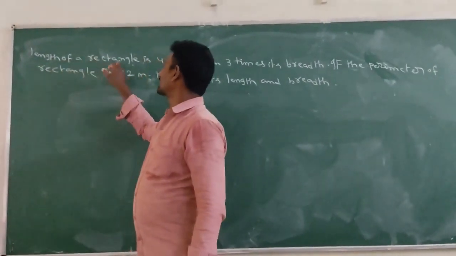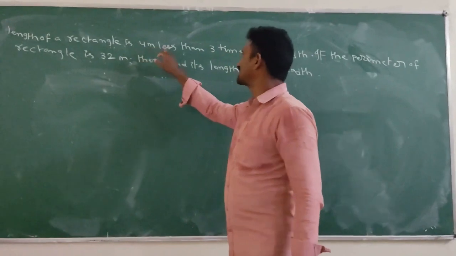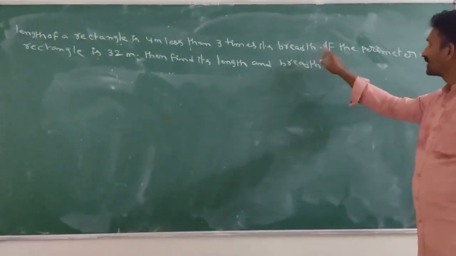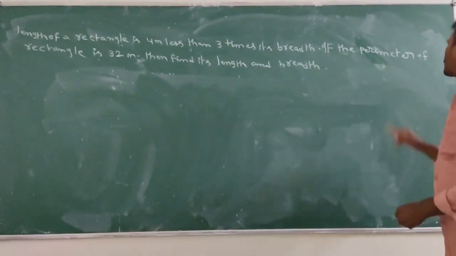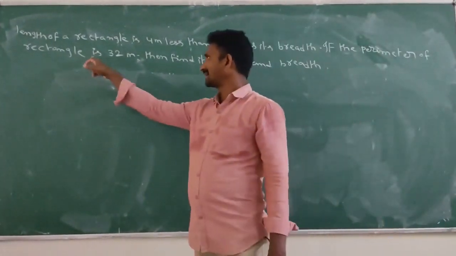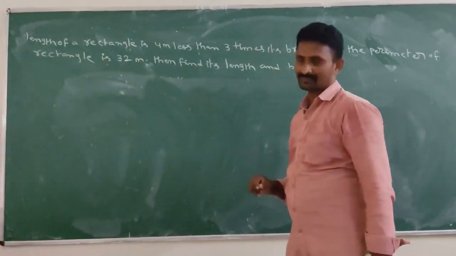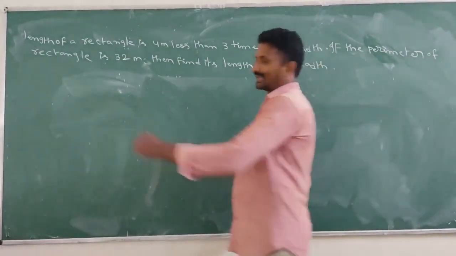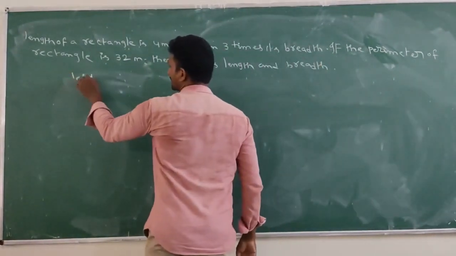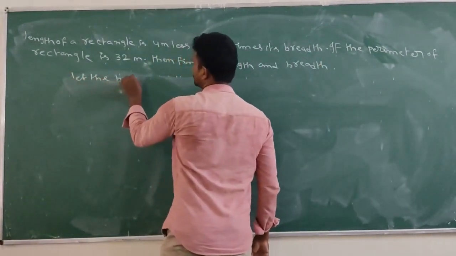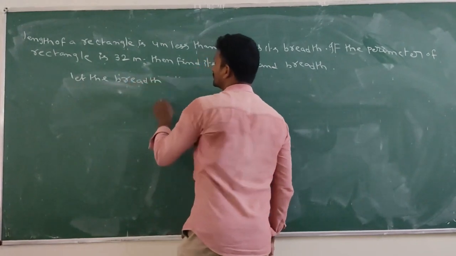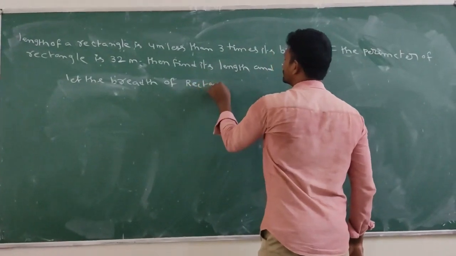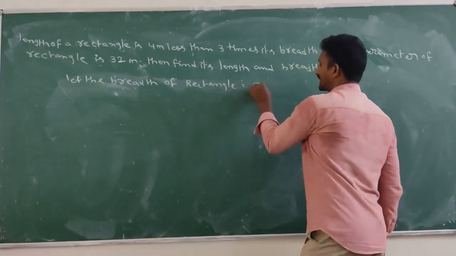The length of a rectangle is 4 meters less than 3 times its breadth. The perimeter of the rectangle is 32 meters. Then find its length and breadth. Let the breadth of the rectangle be x.